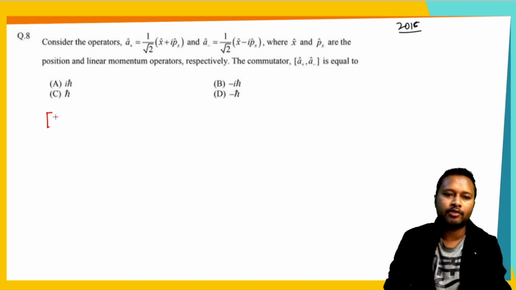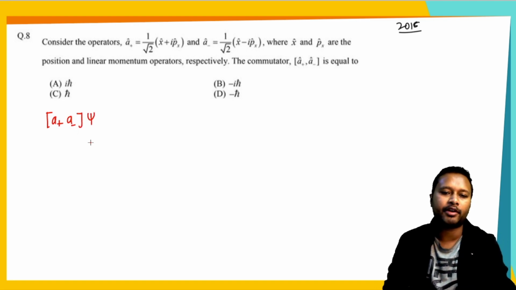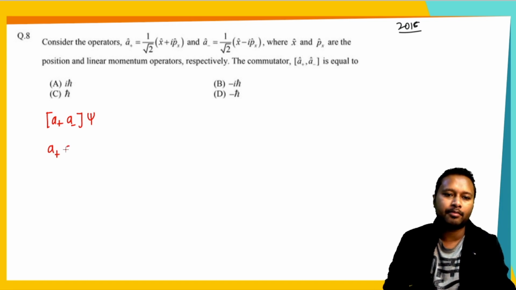So basically you have a plus and a minus, and you have to operate it on the wave function psi. So this will become a plus a minus minus a minus a plus, and you have to operate it on the wave function psi. Just put the values here. So the values of a plus and a minus you have to substitute.